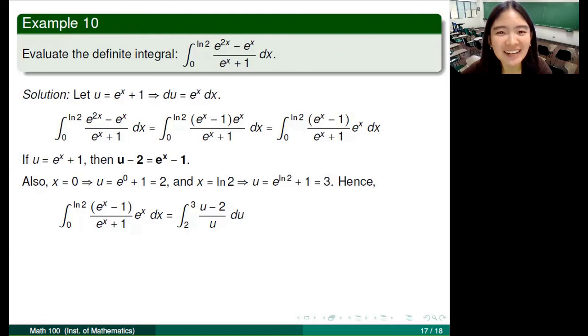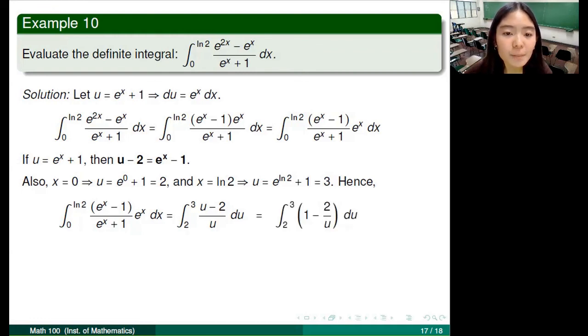Dapat alam na sana by now, hindi tayo mag-u-sub na ulit dito. Okay? This is just like example 1 na pag meron kang sums or differences sa iyong numerator, pwedeng i-distribute ang denominator mo among each of the terms of your numerator. So let's do that. Ayan.